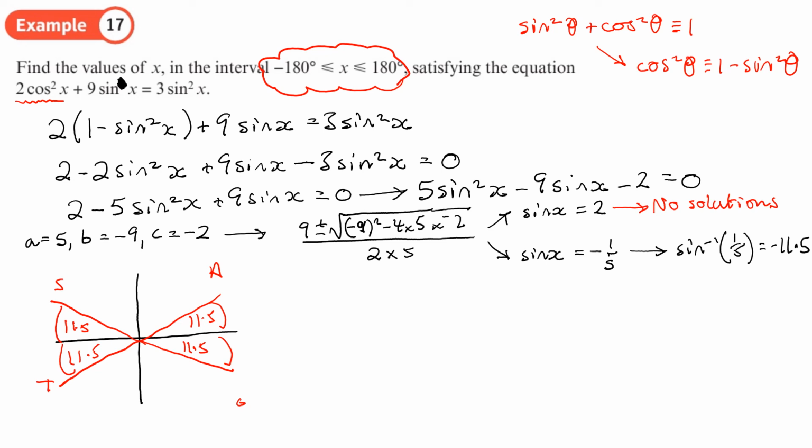Our principal solution landed here. We're solving an equation for sine. Sine is negative down there. Where else is it negative? Here.